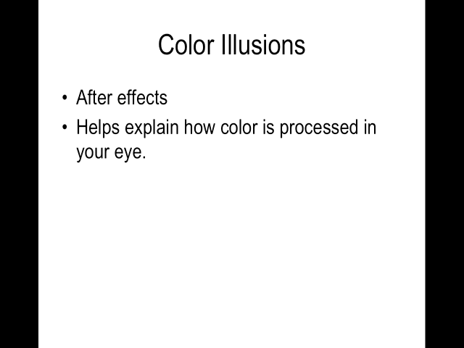Alright, some color illusions. To prove to you that on-off, off-on cells work kind of like I tried to describe before, we're going to look at an afterimage. This will help us explain color processing. What you want to do is stare at the little white dot in the middle of the screen. I'll give you a couple seconds.